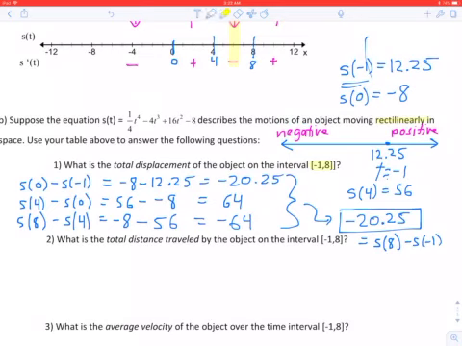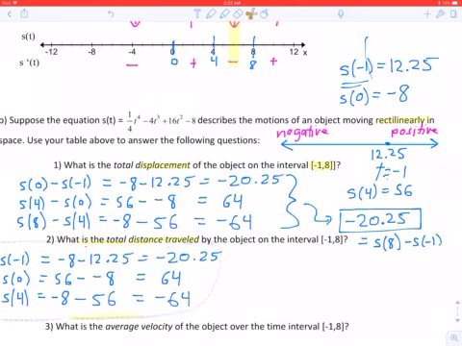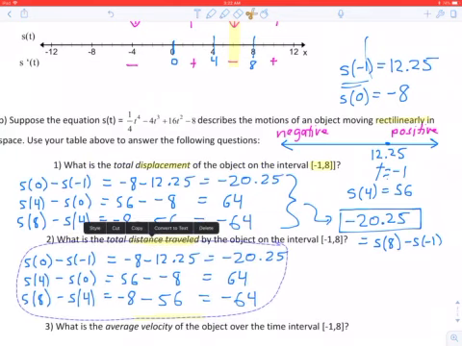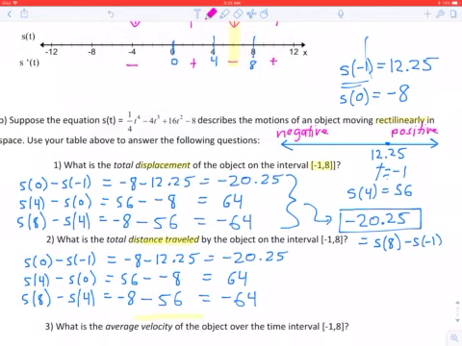Distance is a much different word. So distance traveled is much different than displacement. Distance traveled treats every leg as positive motion. So really, to find distance traveled, we're going to take all this math here and treat each value as positive motion.